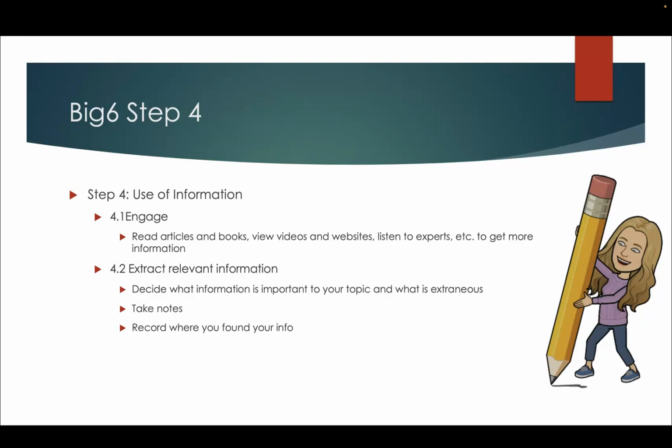And then you are going to extract the relevant information. That's where you decide what information is important to your topic and what is extraneous or what is not applicable to the research questions that you have. While you're doing this, you're going to want to take notes, and you're also going to want to record where you found your info.